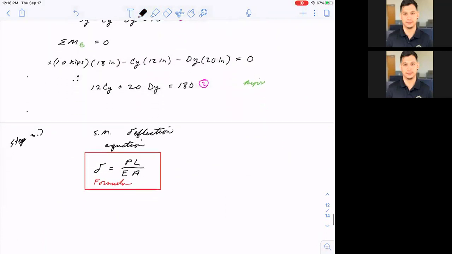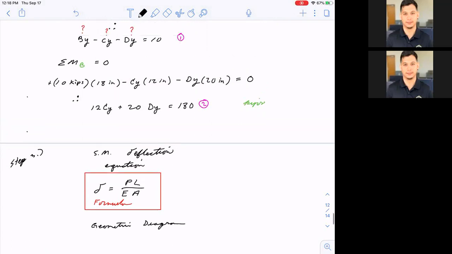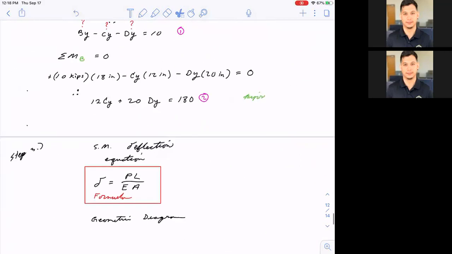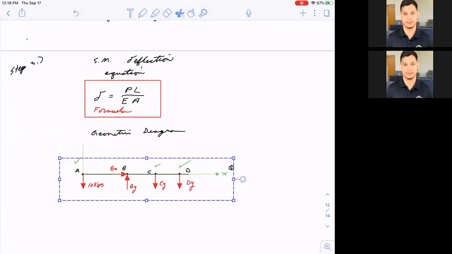Okay, so that is our formula. So now I'm going to do a geometric diagram of these schematics. Copy, paste.